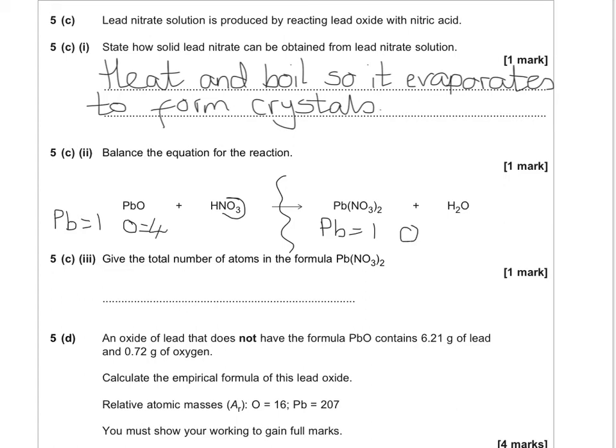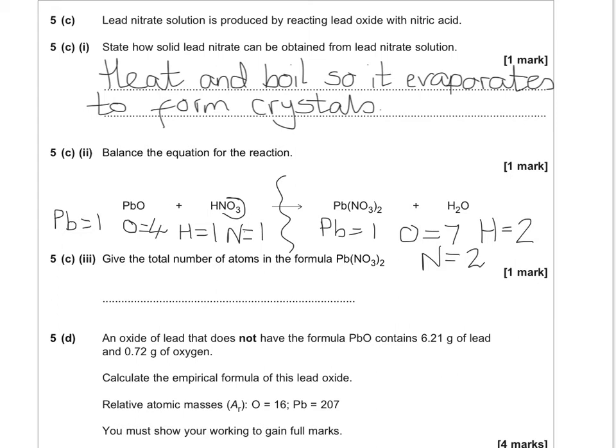Oxygens here, I've got 3, but I've timesed that by 2, so it's 6. I've got 7. Then we have hydrogens, I have got 1. Hydrogens, I have got 2. And then the last one is the nitrogens. I've got 1 here, and I've got 2 here.